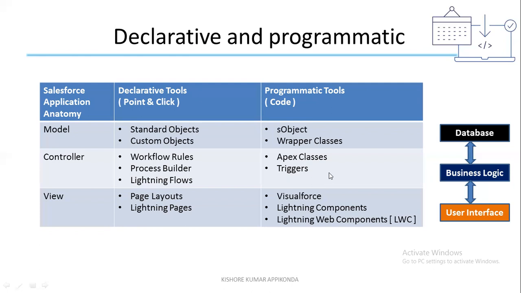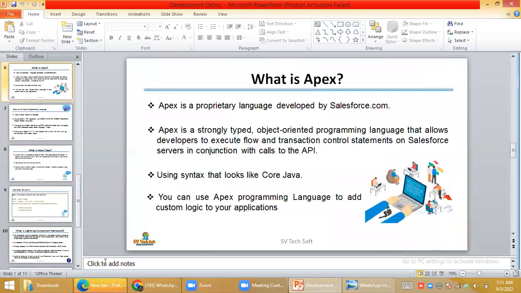In that case, you have to go with a Visual Force page, Lightning Aura, or Lightning Web Component. Once you develop the page, you can simply add it into the page layout. You know how to add a particular page into my page layout.